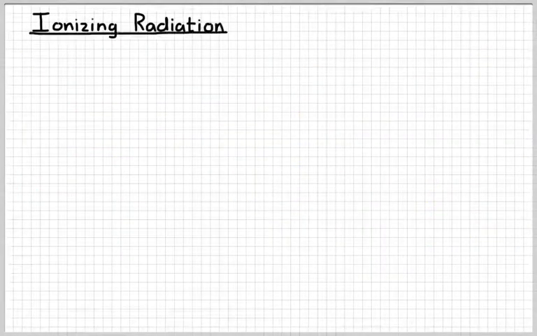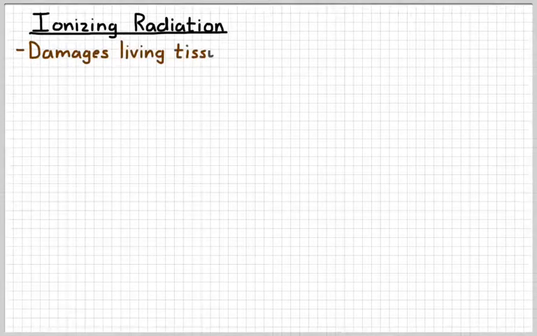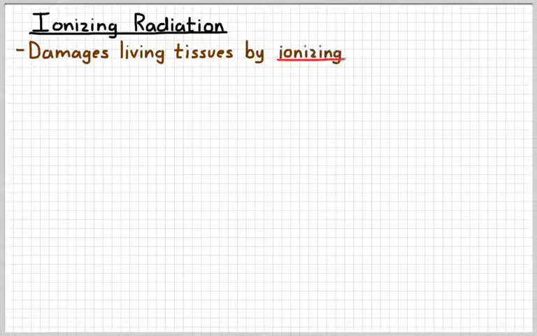So let's briefly review the idea of ionization. In chemistry, you learned that when atoms or molecules lose or gain electrons, we call them ions. And so ionizing is just the process of causing a molecule or atom to become charged.